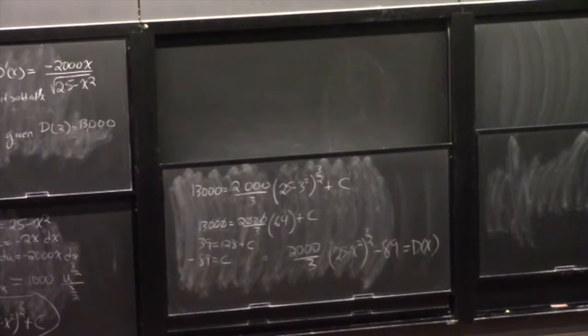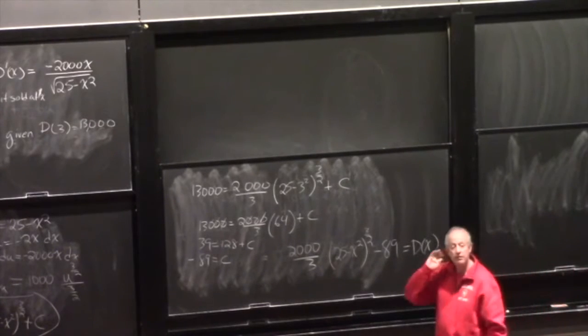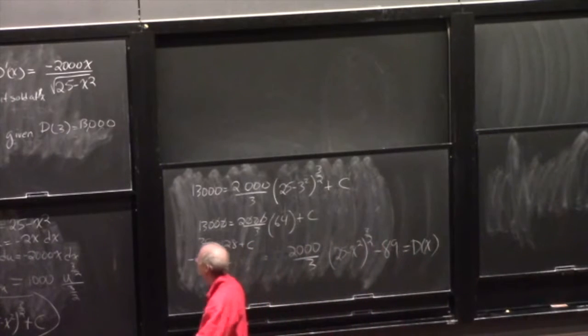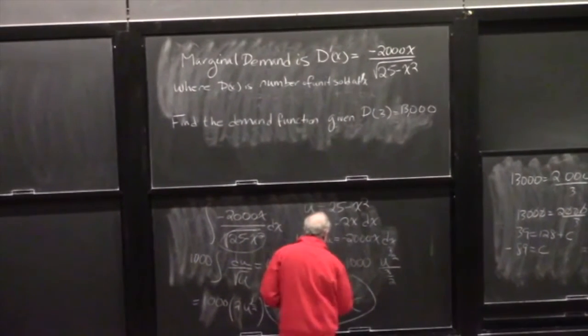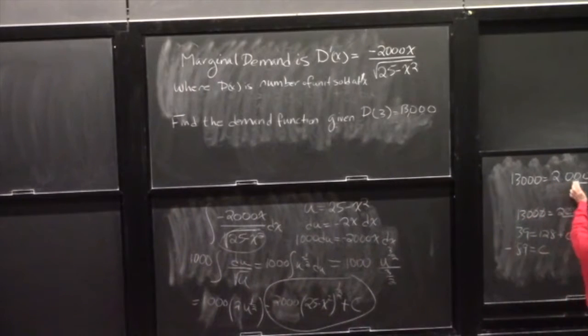Yes? How did you find the value of e to the negative 1/2, isn't it supposed to be e to the 1/2? Oh, it's supposed to be even 1/2. I apologize, I should have said something sooner. Doesn't fundamentally change it that much. 25 minus 9, square root of 16 is 4.